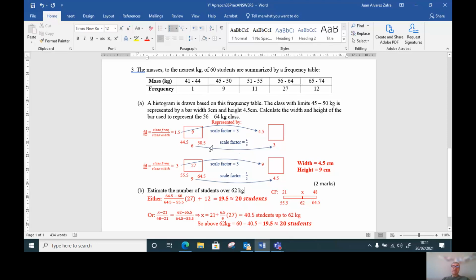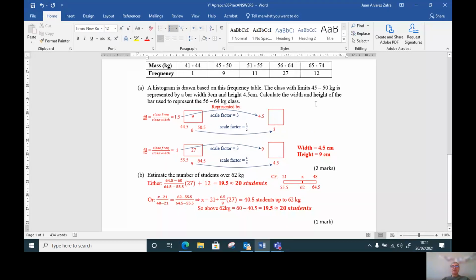If you take 3 and divide by 6, the scale factor is a half. Whereas the height, we're told, is 4.5 centimeters, and that represents what we calculated should be a frequency density of 1.5. 4.5 divided by 1.5 is 3, so the scale factor applied to the heights is 3. Now we're ready to look at the new class, and calculate the width and height for the 56 to 64 class.